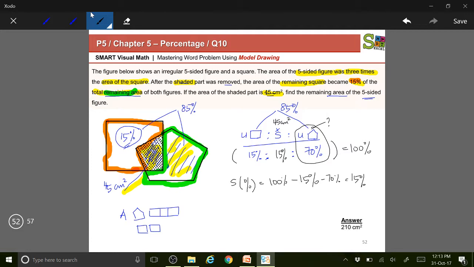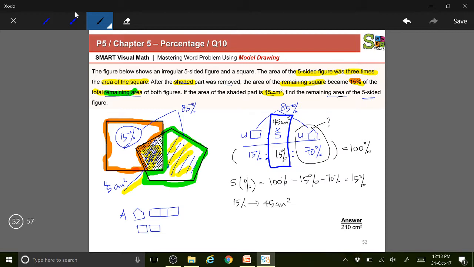So from here, what's the equivalent that we can see? Since they asked to find in terms of area, the equivalent that we can definitely see is this part. So this 15% is equivalent to 45 cm square.